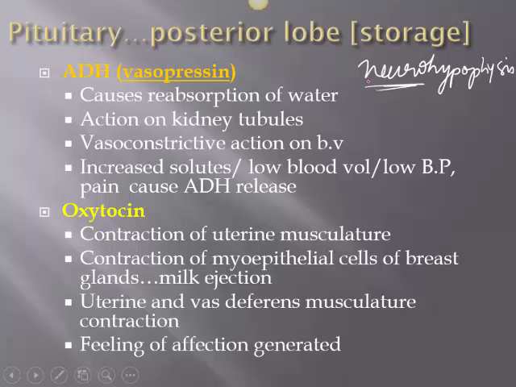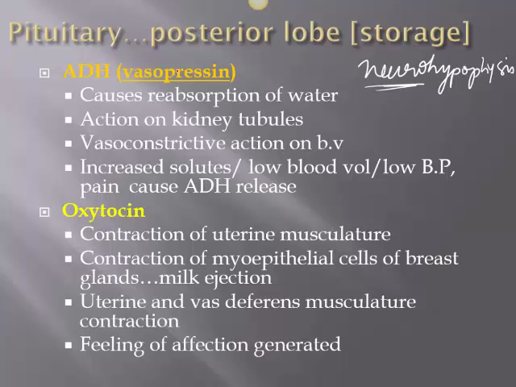It stores two hormones produced in the posterior hypothalamus. The two hormones were ADH, anti-diuretic hormone, which is also called vasopressin. Wherever hormones have different names, it's a good idea to remember them, because you can remember actions accordingly.